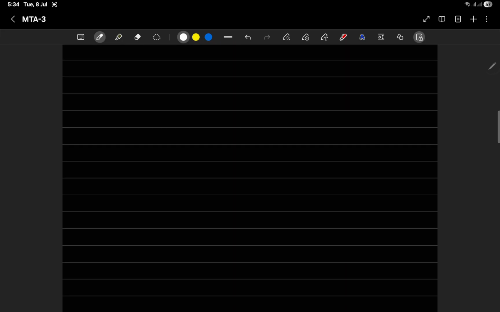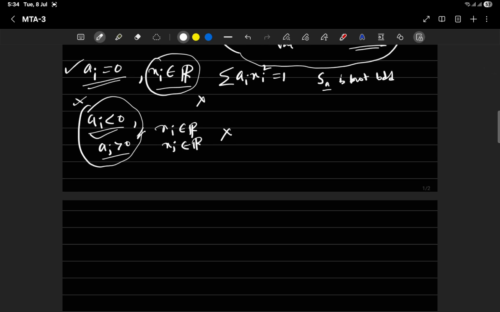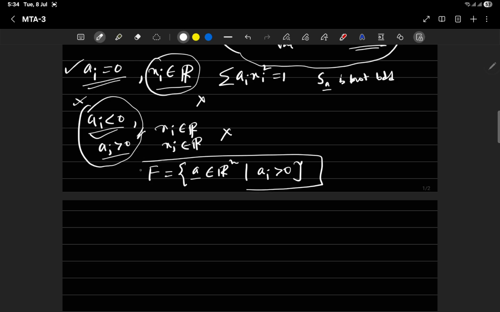So our F, what is our F? It is the set in Rn such that the ai's are positive. This is what our F is. So you can say upper half plane.